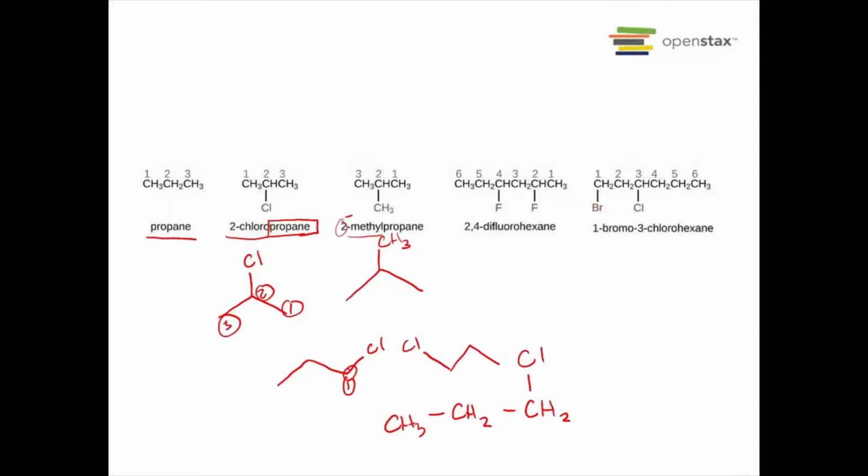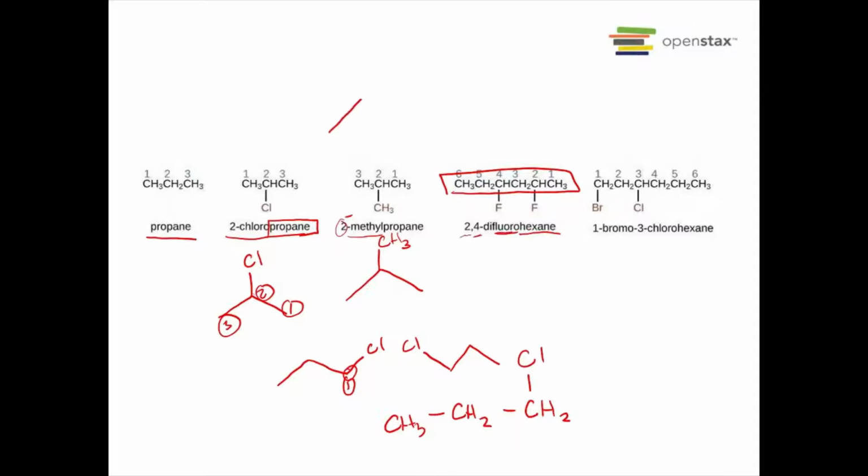The next one, we see 2,4-difluorohexane. So we see hexane telling us we have 6 carbons that are in our continuous chain, in our straight chain, if you will. And then we have a fluoro, so a fluorine on carbons 2 and 4.